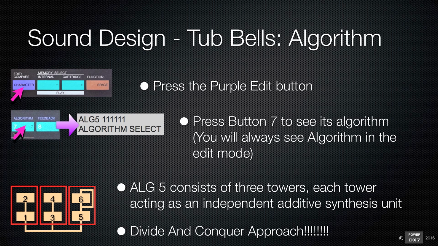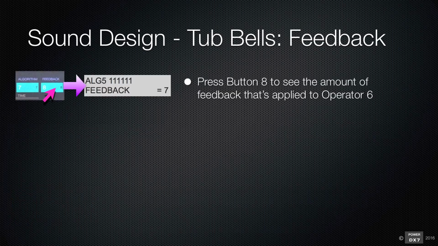You basically create specific harmonics or inharmonics per tower and mix them together. As you can recall from the first FM synthesis tutorial, when you have towers, there is no frequency modulation happening between those towers.